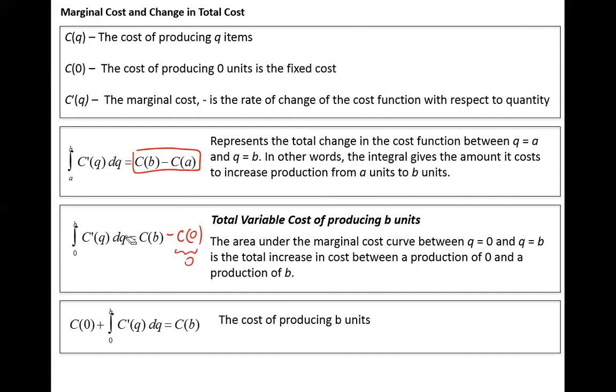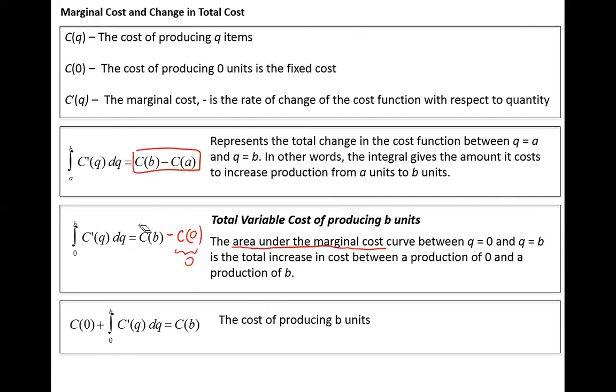This is the total variable cost of producing B units, which graphically represents the definite integral, and we know the definite integral represents the area under the curve, under the marginal cost in this case, between 0 and B. This will be the total increase in cost between producing 0 and producing B units.